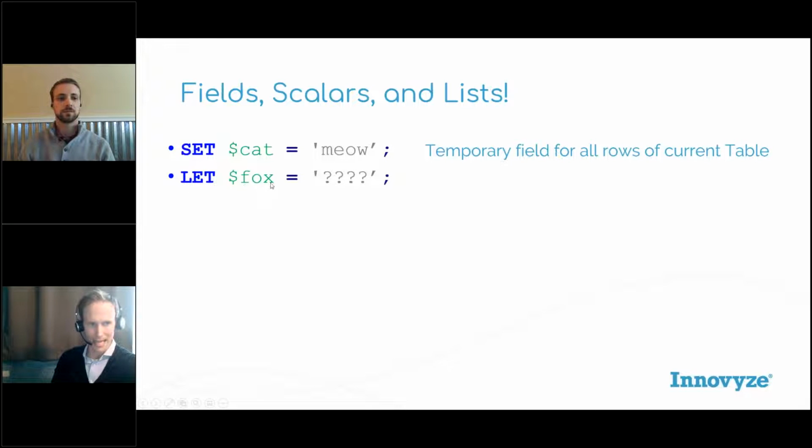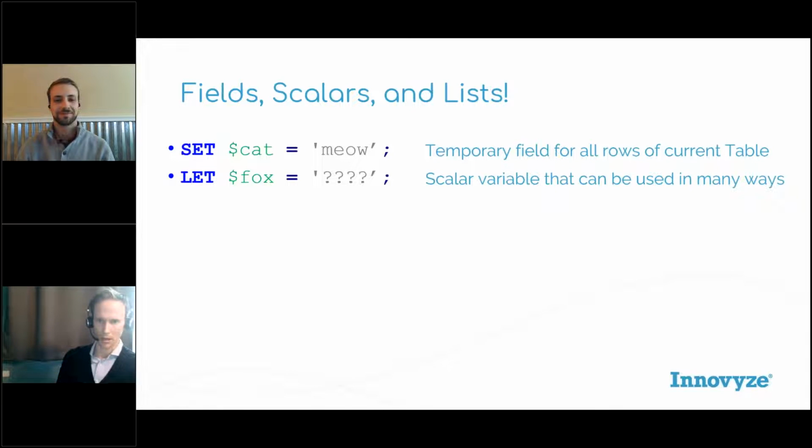If I say let fox equals, we don't really know what the fox says. If you use the let command, it's not a field, it's just a temporary scalar, is what we call it. So it's just a variable that's just floating. It's a single value, and they're very useful, but it's not a field.